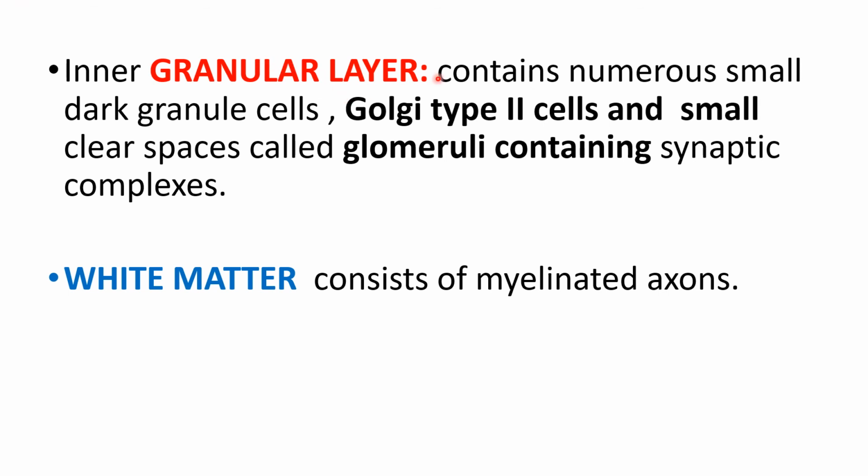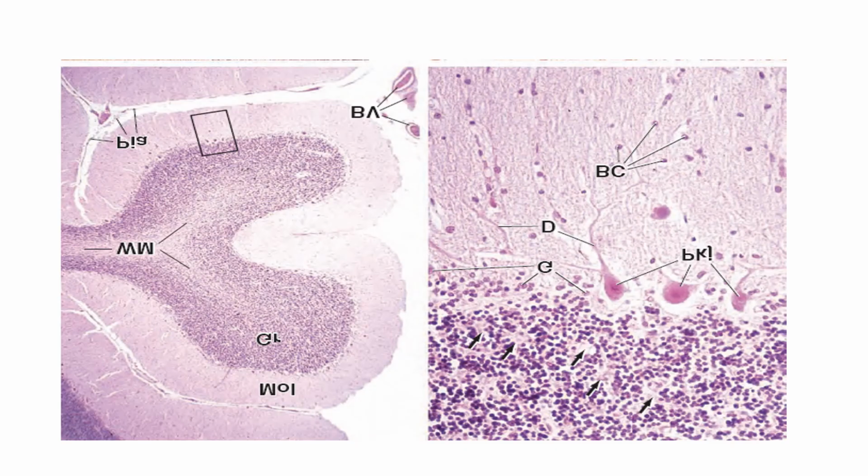The granular layer contains numerous small dark granule cells, Golgi type 2 neurons just below the Purkinje cells, and small clear spaces called cerebellar islands, which contain the synaptic glomeruli complexes. And the white matter consists of myelinated axons.